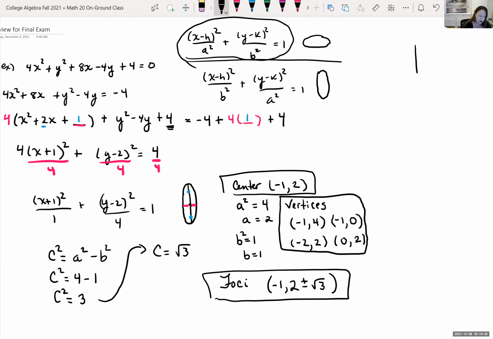And so if I graph my center, we said it was at -1, 2. Our vertices: -1, 4; -1, 0; -2, 2; and, sorry, where is it? 0, 2.